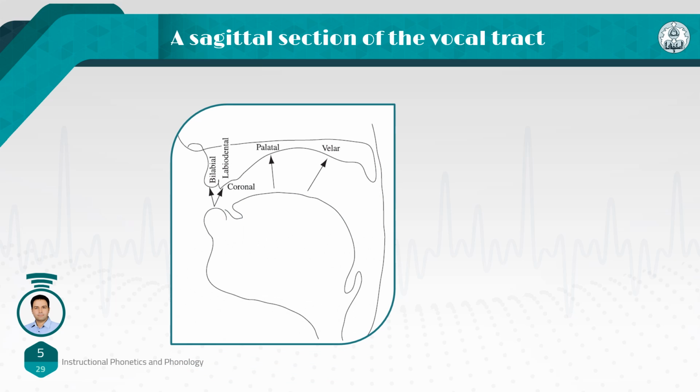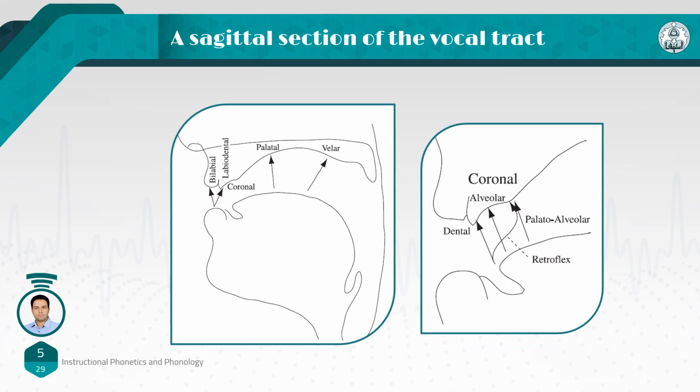In this slide, you can see a sagittal section of the vocal tract showing the places of articulation that occur in English. The coronal region is shown in more detail at the right, the second picture. We need to know more than which articulator is making the gesture, which is what the terms labial, coronal, and dorsal tell us. We also need to know what part of the upper vocal tract is involved.